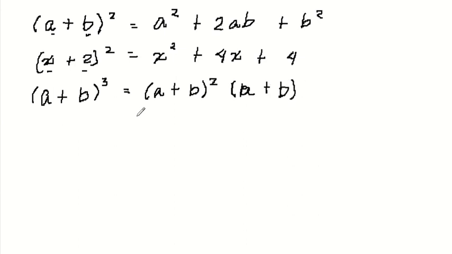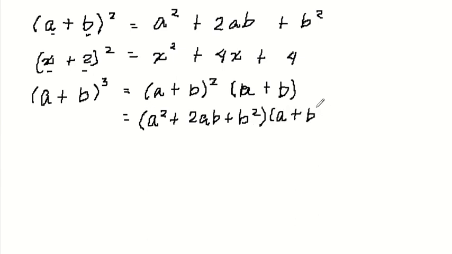Okay? And we know that the square of the sum of a and b is a squared plus 2ab plus b squared, and then we multiply this by a plus b. Okay?